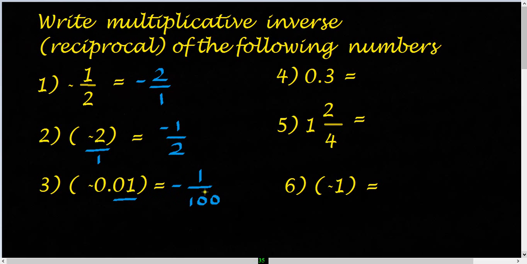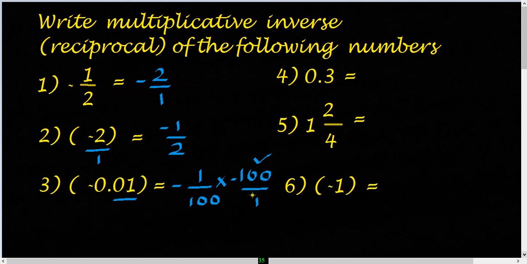What will be its multiplicative inverse? You multiply this number with 100 upon 1, don't forget to write the minus sign. It is not the additive inverse, it is the multiplicative inverse, where minus and minus become plus because you require the answer as 1. I have written this to show you that the answer of this question will be 1. If you cut 100 and minus, you'll get the answer 1. That is, the multiplicative inverse of minus 1 upon 100 is minus 100 upon 1.